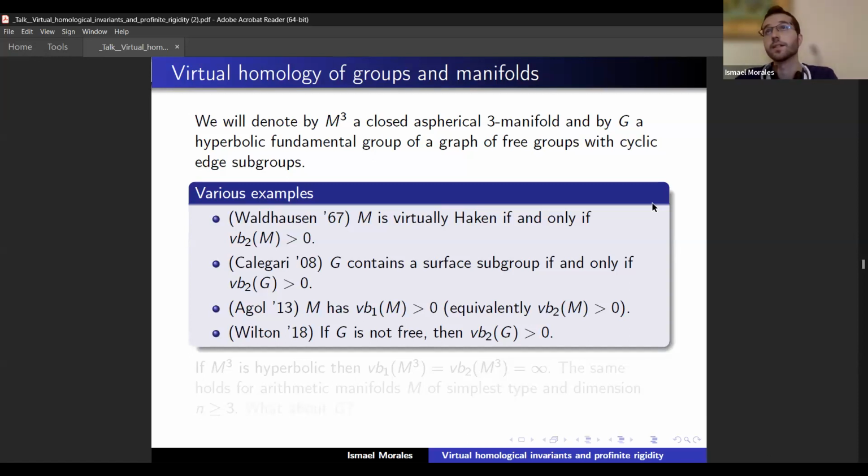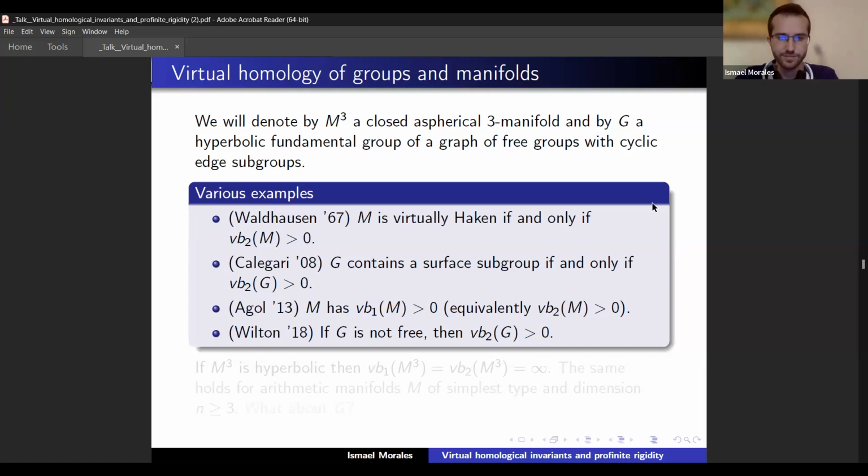Although we should say the story in this case goes in a different way, because in order to prove this, this is a corollary of Wilton's methods, where he ensures a surface subgroup. And then as a consequence of this surface being seen in some finite cover, he produces second homology in a finite cover.